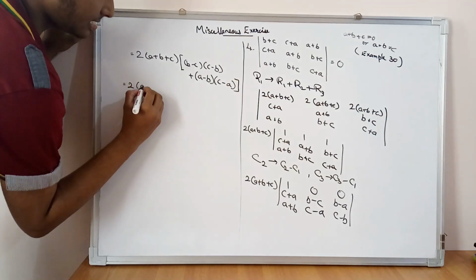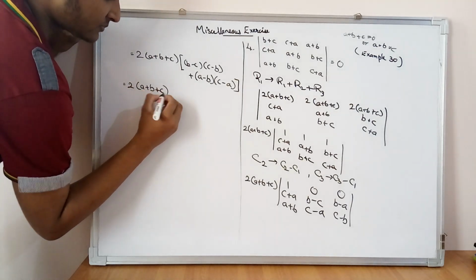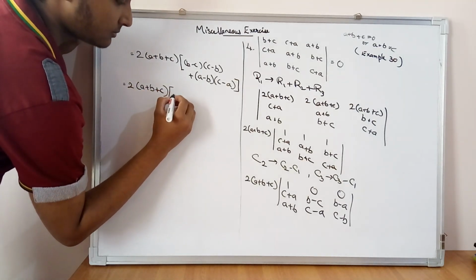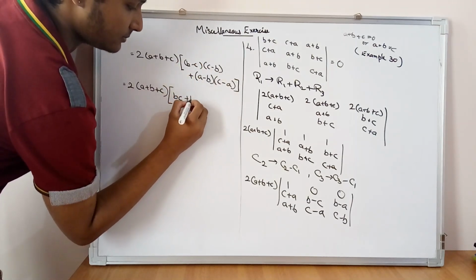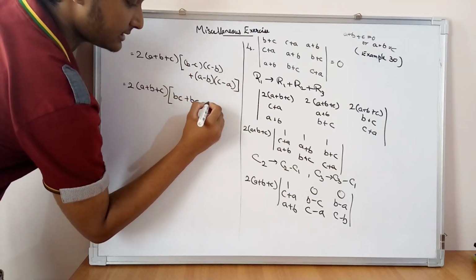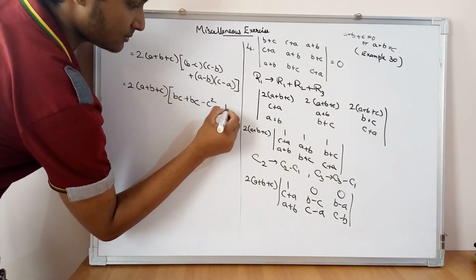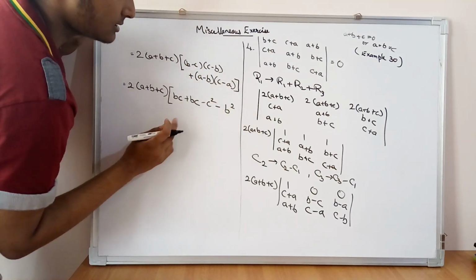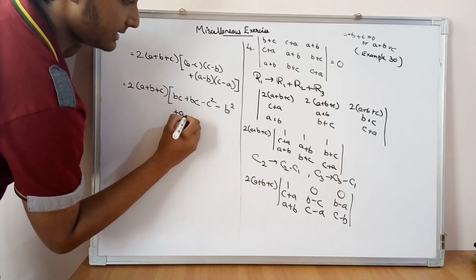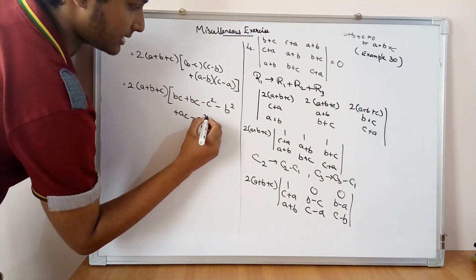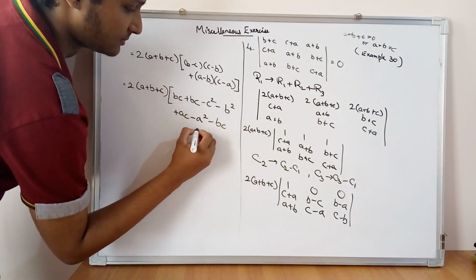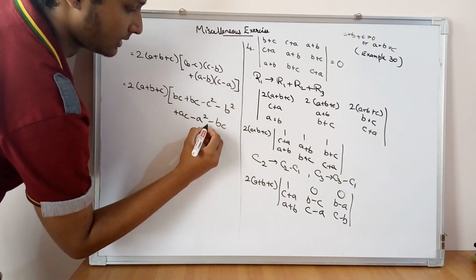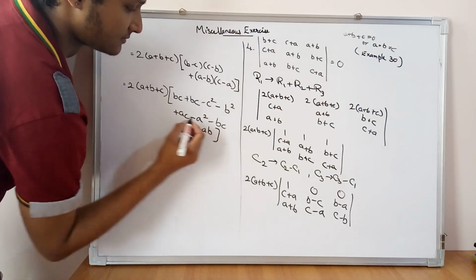So 2 times A plus B plus C, and this is going to be BC plus BC minus C square minus B square. That was the first one. The second one is plus AC minus A square minus BC plus AB. This many terms we got.